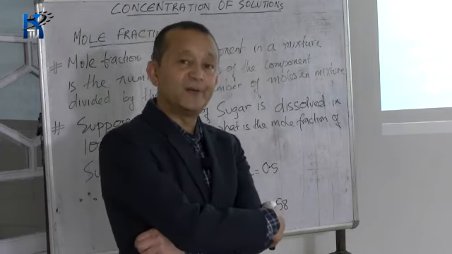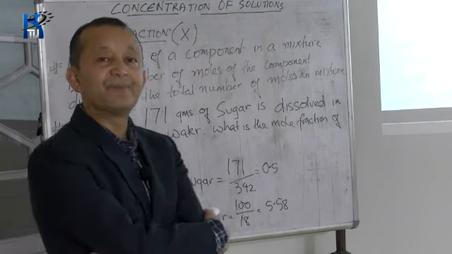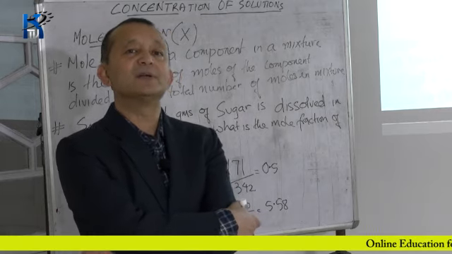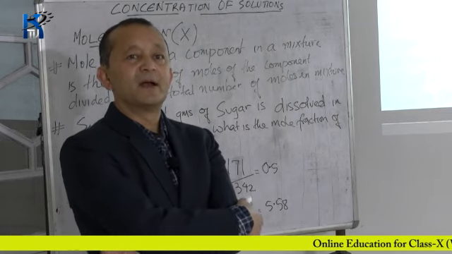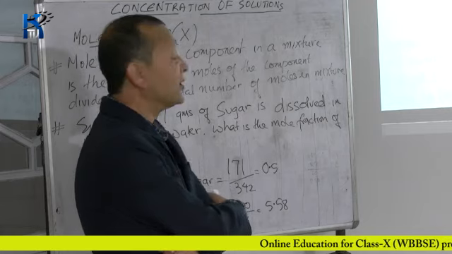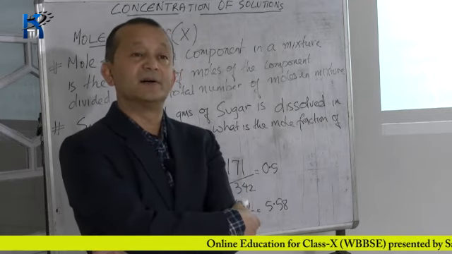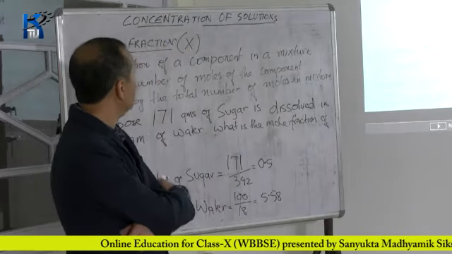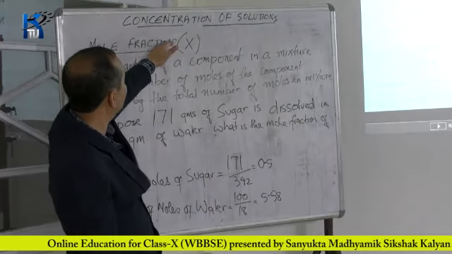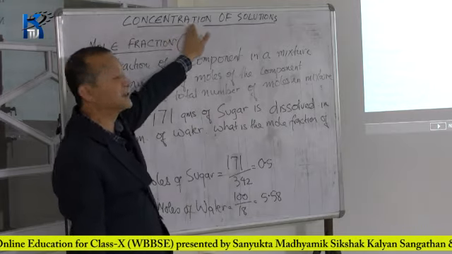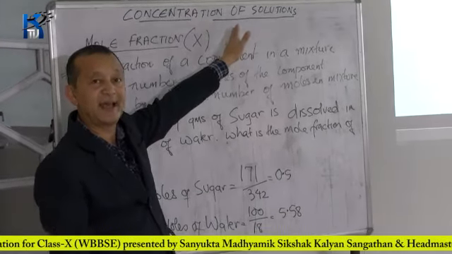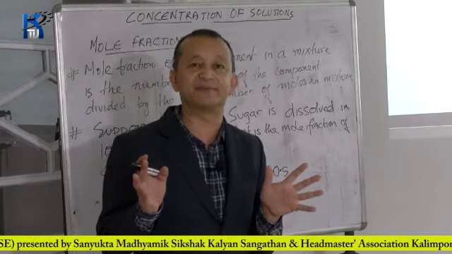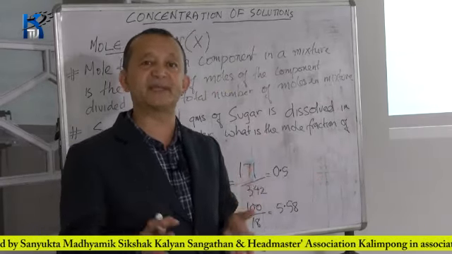So what we are doing in chemistry is solutions, unit 2 solutions, and we have already finished a few topics. We started this topic by taking up different types of concentration of solutions, and in the last lesson we finished almost 5-6 different types of units used for expressing concentration.